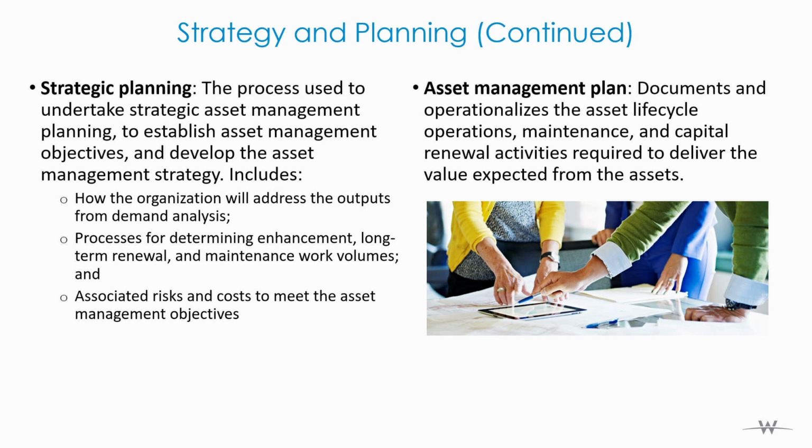Are we going to phase the project? Is it going to be subsidized by industry within the community? We have to do some analysis on how we're going to meet that, right? Long-term renewal and maintenance work volumes are also considered in our strategy, right? How we're going to maintain all of these assets.